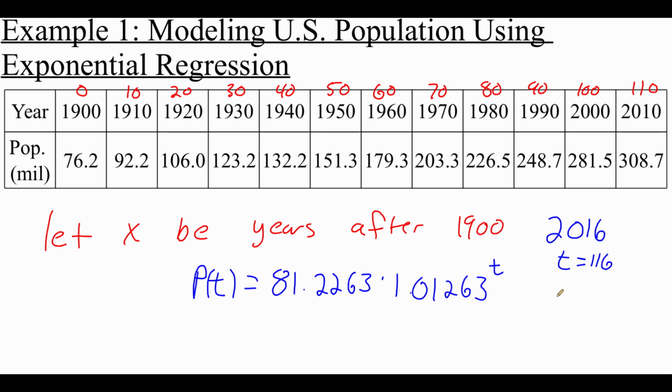So for the year 2016, we predicted that the population would be about 348.3 million people. Now if we look at the actual census data for the year 2016, the population actually was 323.1 million. So we've got a little bit of an overestimation by about 25 million people.